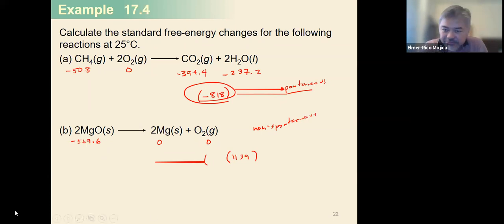What does it mean? Whatever you do, you cannot make magnesium oxide form magnesium and oxygen unless there's an outside intervention. What happens spontaneously is when you have magnesium that is oxidized with oxygen. Are you familiar with a sparkler?